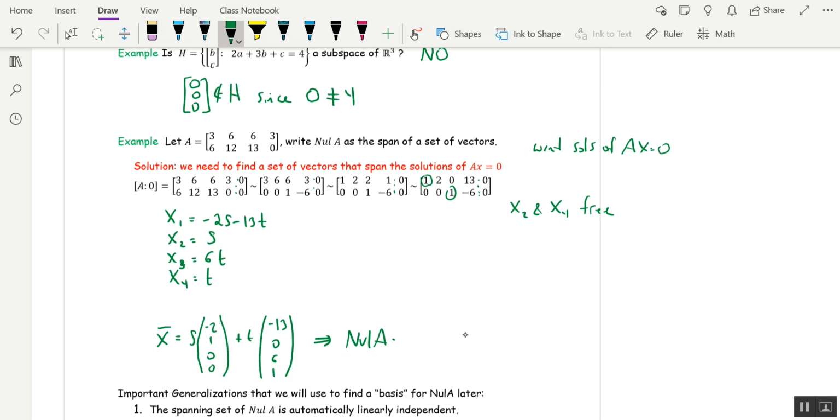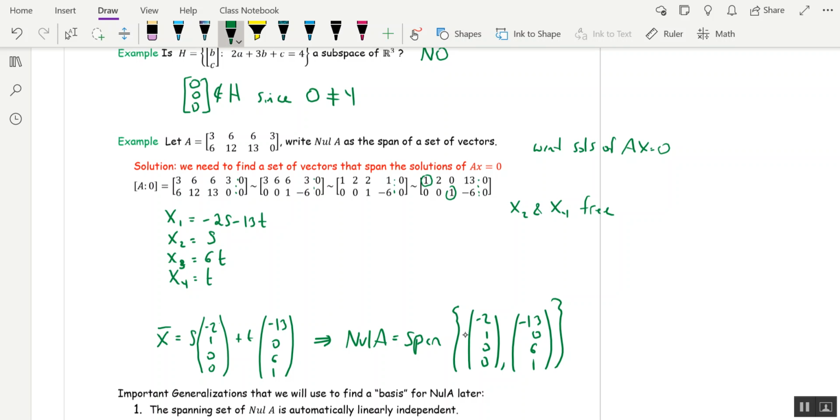Null A is the span of the 2 vectors you see there: negative 2, 1, 0, 0, comma, negative 13, 0, 6, 1. That's the set of all linear combinations of those 2 vectors. Well, that's exactly what vectors in null A look like. So we've done it. Null A is the span of those 2 vectors.